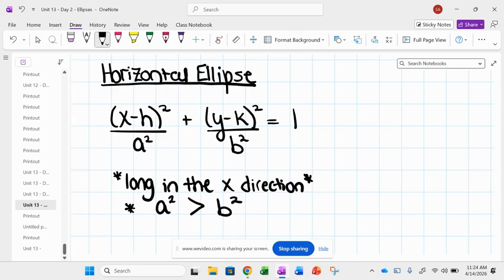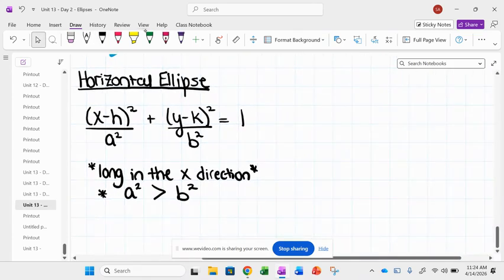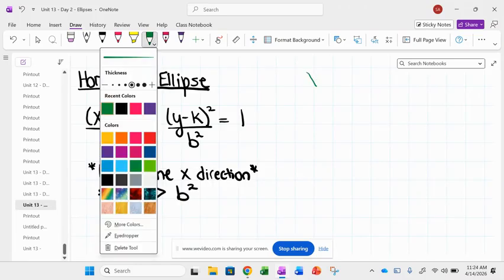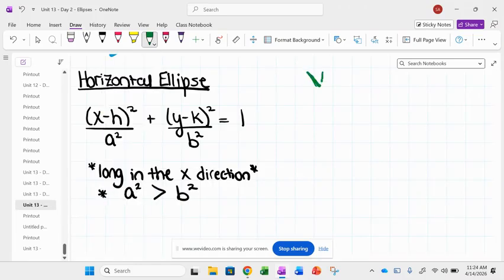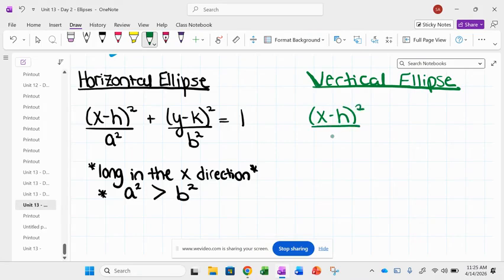Let's talk about a vertical ellipse. So for a vertical ellipse, we're going to have the quantity of x minus h squared over b squared plus the quantity of y minus k squared over a squared equals 1.